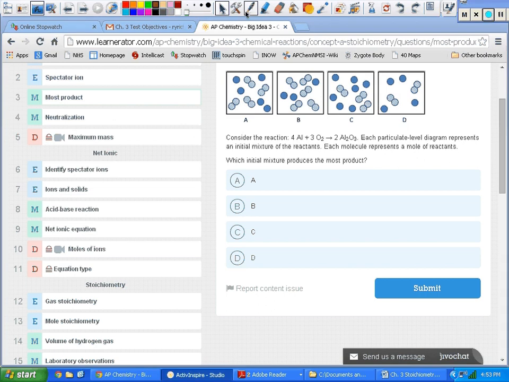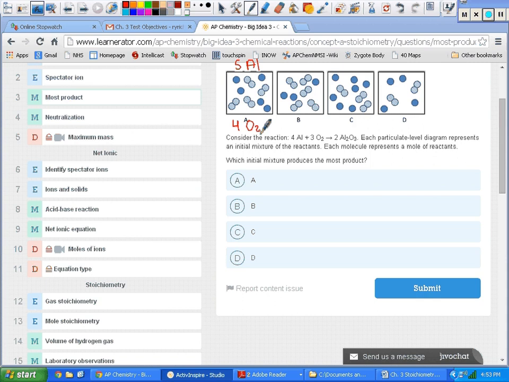So in A, how many aluminums do we have? 1, 2, 3, 4, 5. So we've got 5 Als and how many O2s? All right, we've got 4 O2s. Very good. And this one, we've got 3 Als and 1, 2, 3, 4, 5 O2s.